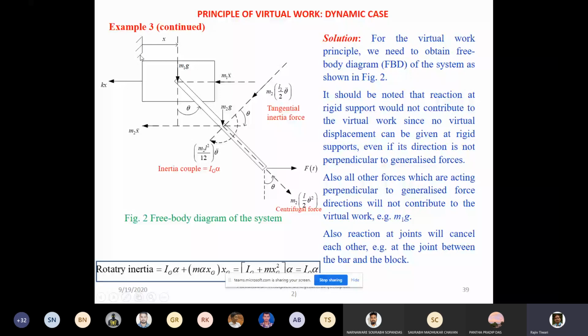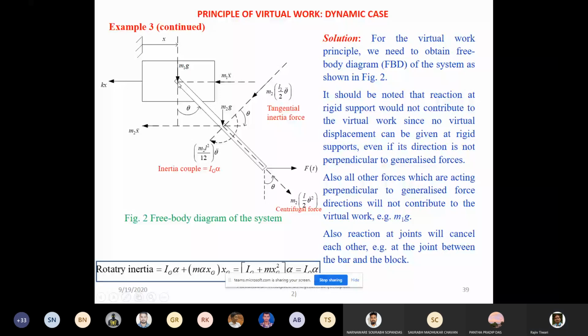Then the inertia force of the mass, because now we are applying a dynamic system, so the inertia force will come. That will be acting opposite to the motion. So this is the inertia force we apply to the mass. The weight of the car is also acting, m1g, in the downward direction. And then the bar.